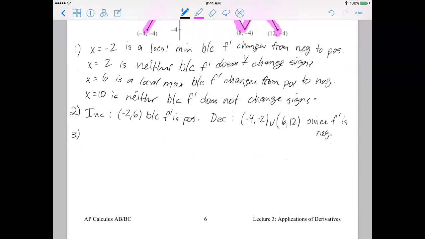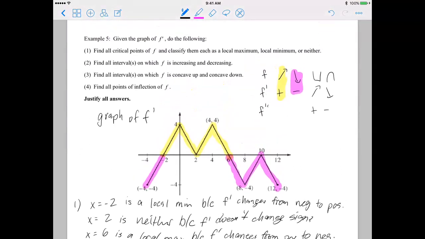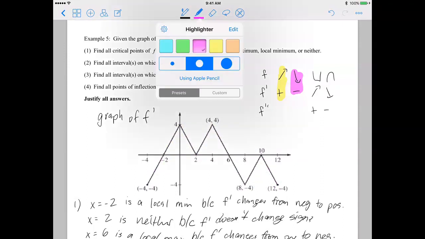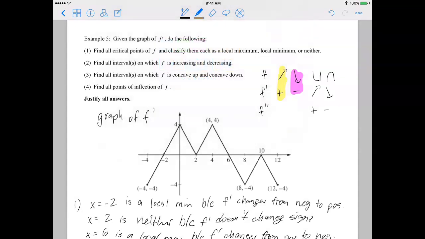Okay, number 3 is asking me about concavity. So find all intervals on which the graph of f is concave up or concave down. So I'm going to erase these colors here so that we can do that part. And so basically what we're wanting to see here is that if f is concave up, then that means that f prime is increasing. Okay, so where is f prime increasing?